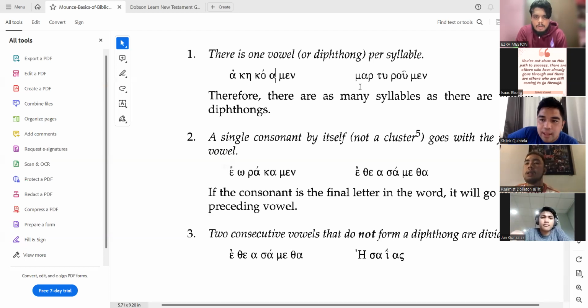Okay, we'll read the word slowly. Mar. Tu. Ro. Men. Martu, marturo, marturomen.